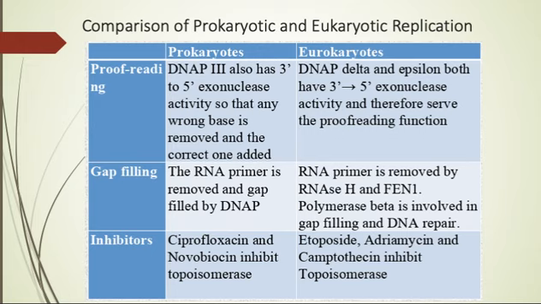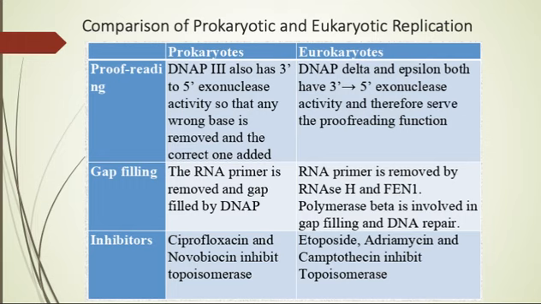And then how the gaps are filled. The RNA primer is removed and the gap is filled by DNA polymerase enzyme. In the eukaryotes, the RNA primer is removed by RNase H and FEN1, and the polymerase beta is involved in gap filling and DNA repair.